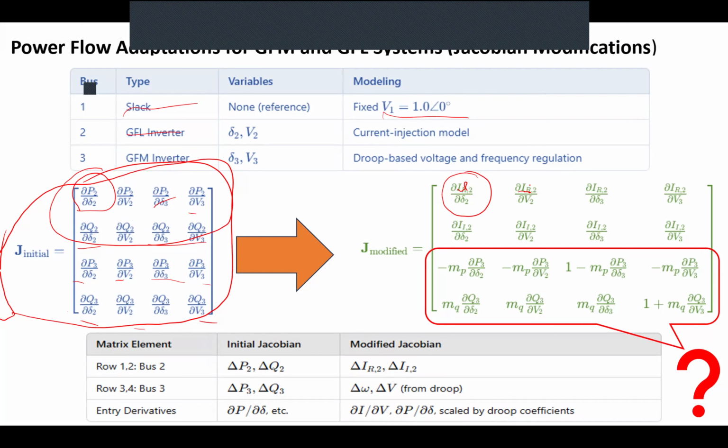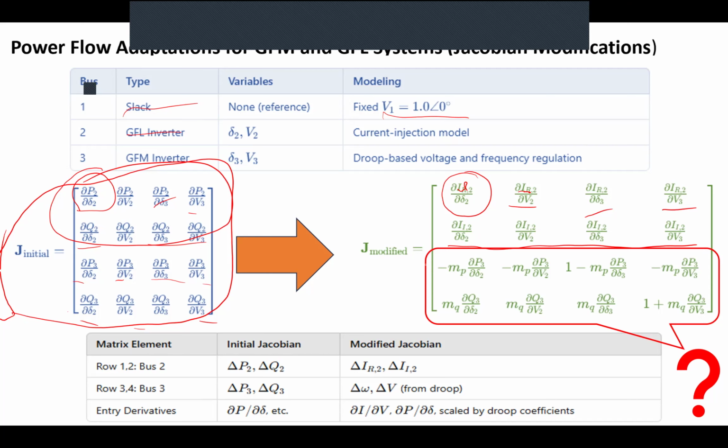Sorry, I drew over the R. Over the delta, real part of the current over the V2, same for the V3 and delta 3. And for the Q, we replace the imaginary part of the current for the bus 2, and the denominators are the same.